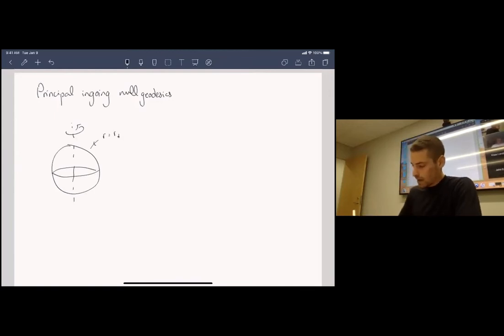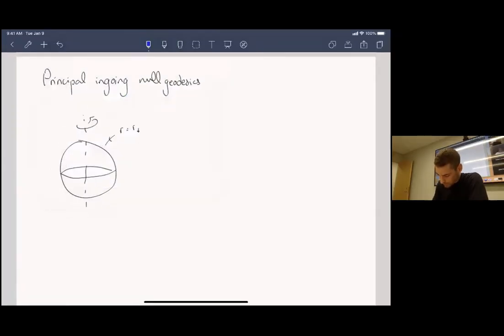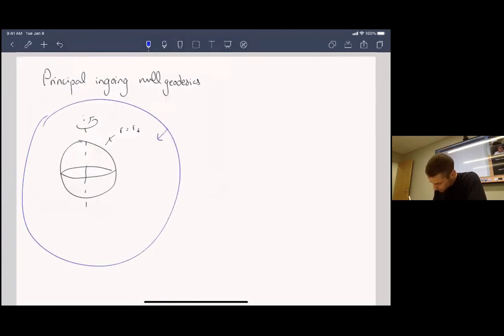Okay. And what we're going to do is we're going to take geodesics, right, that are kind of inwards pointing, and if we think of the angle that they make with the vertical axis, they make an angle theta. These geodesics will have the property that the derivative of the curve in the theta direction is 0.